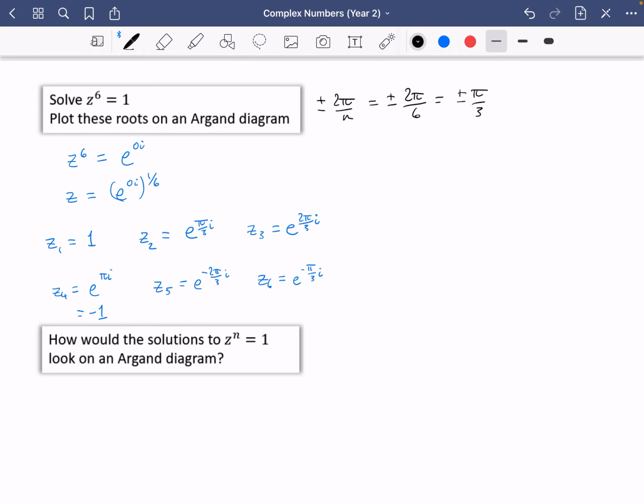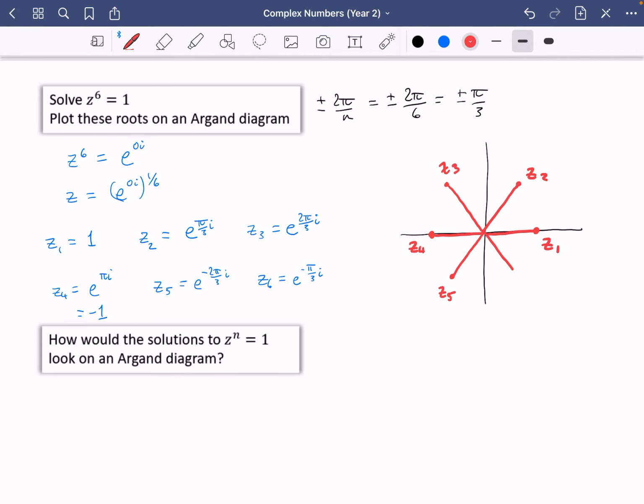So again, I'm going to put these onto an Argand diagram. The first one I have is at 1, as before. There's z1. And I also know that z4 is at minus 1. z2 is pi over 3 of the way around, so it's going to be over here. And z3 is 2 pi over 3 of the way around, so it's over here. z5 is at minus 2 pi over 3, so it's going to be over here.